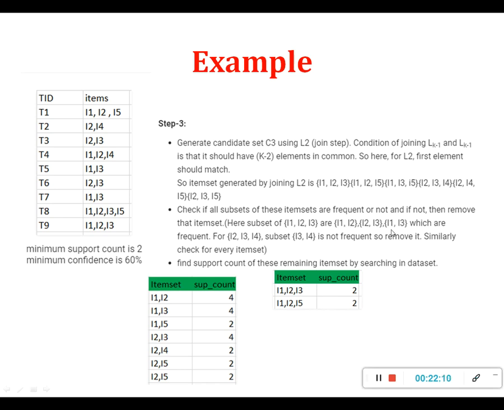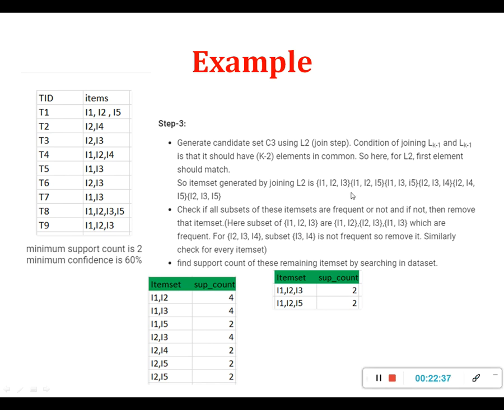Let me check whether these subsets are present in my L2, because L2 is given as an input to find C3. I1, I2, yes, it is present. I2, I3 is present, yes. I1, I3, yes, it is also present, 4, 4, 2. So they are present, that's why we can say this is frequent. So I have included I1, I2, I3 in the table.